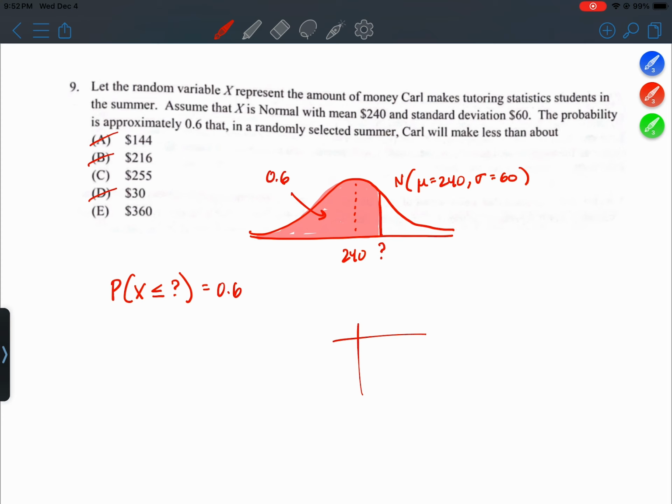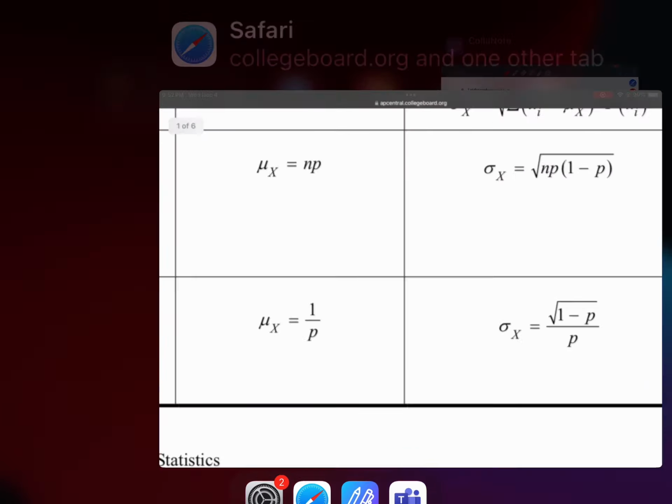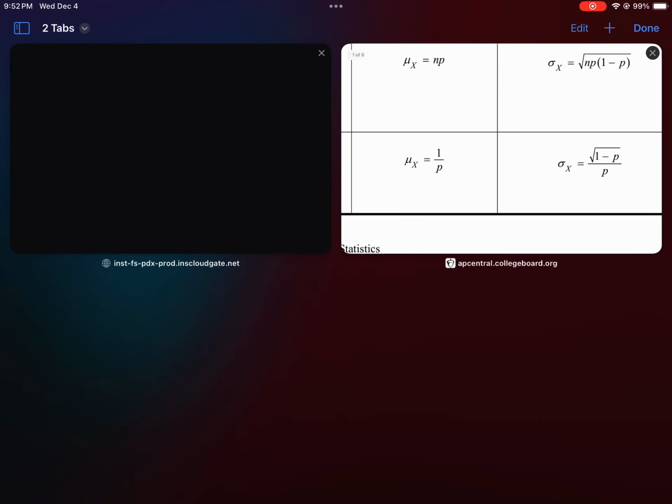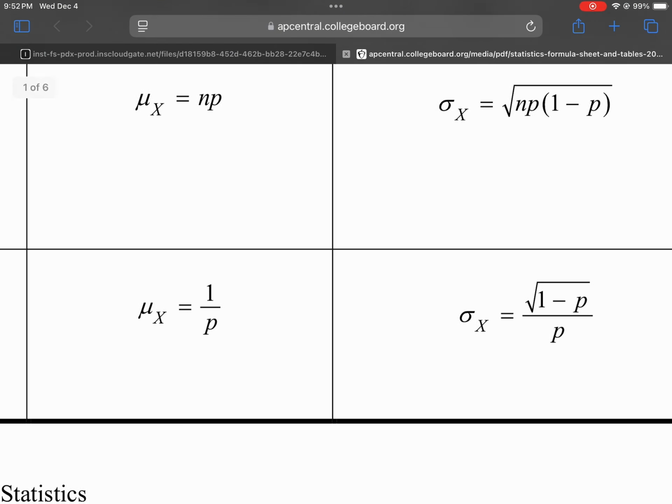So what we're going to do next is go to table A, and look for the closest area to 0.6. And then we'll trace to the left and trace to the top, and we'll record the digits of the z-score.